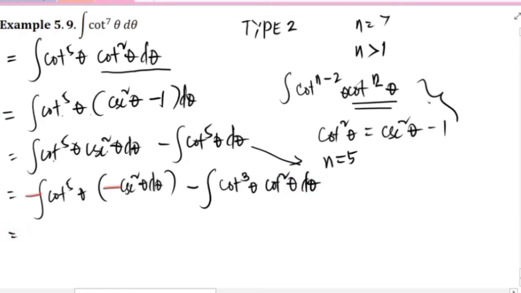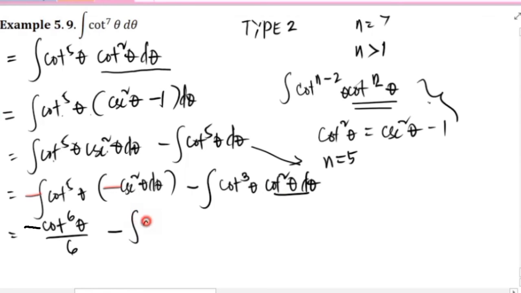So, for the first term, since derivative niya na yung katabi niya, n plus 1 over n plus 1, and we would have cotangent to the 6 theta over 6 minus, express natin si cotangent square in terms of cosecant square theta minus 1.